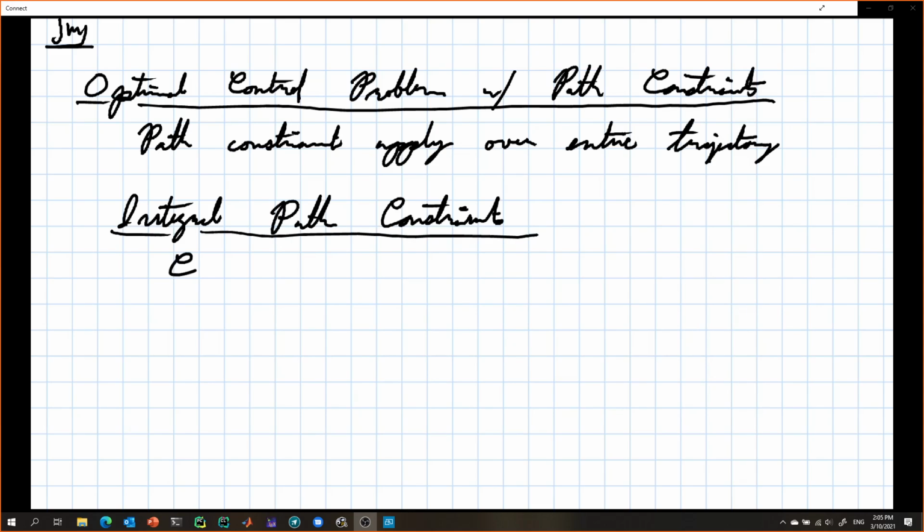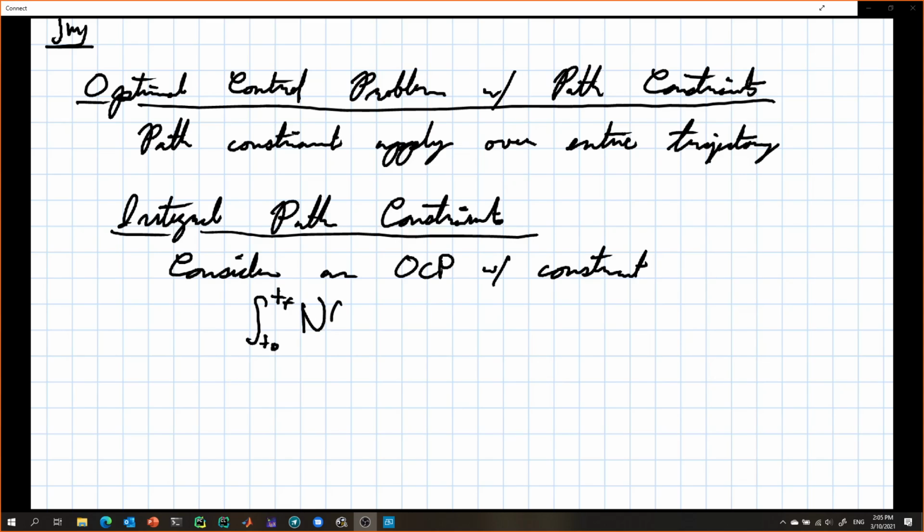Here we consider an optimal control problem with constraints. We basically integrate this n, which is some generic function, across our entire trajectory, and then we want this integral to be equal to some constant.